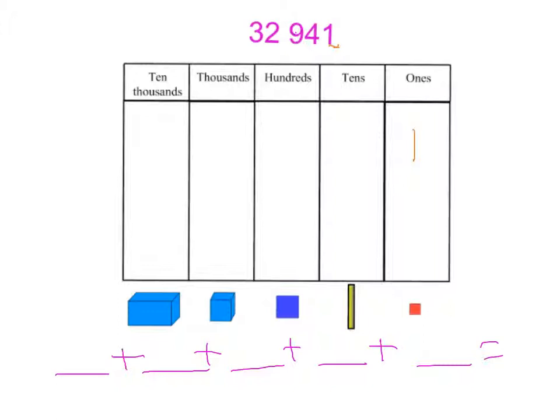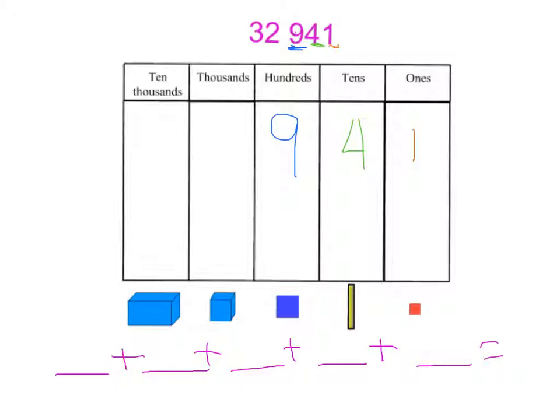How many tens do I have? Let's have a look at the next column. How many tens do I have? 4. I have 4 tens in this number. How many hundreds do I have? This one here, 9 hundreds. Are you keeping up?